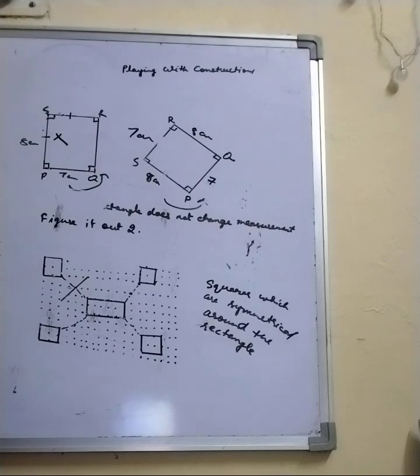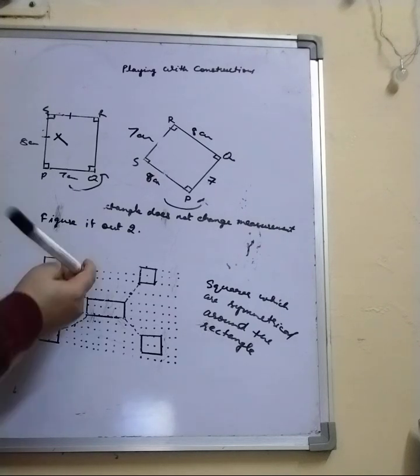Now we move to: what did you do to recreate this figure so that the 4 squares are placed symmetrically around the rectangle? Discuss with your classmate. So basically you diagonally reached the corner of the square.